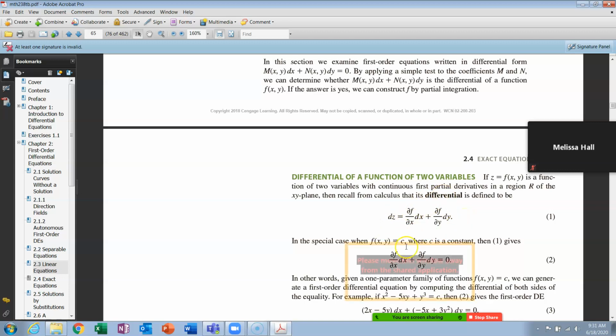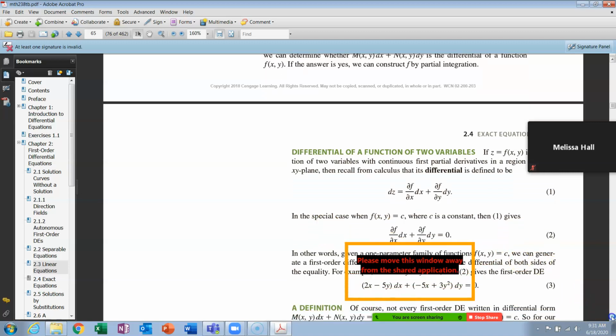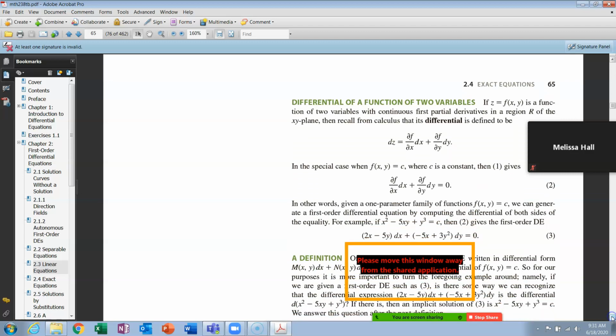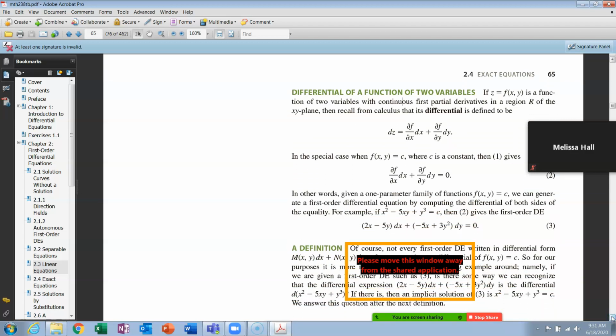Okay. Now, here's the deal, and remember I said this in the beginning. In the special case, and I'm going to scroll down a little bit because that box I think is blocking you from reading. All right.